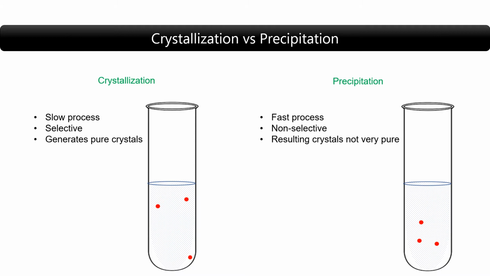When we do recrystallization, there are two possible processes that can happen. The one that we prefer is crystallization, which is a slow and selective process, and it generates pure crystals. Because the cooling down process is slow, a seed of crystal appears and it can selectively draw other crystals around it, and they can draw other crystals around it and form a very pure crystal lattice.